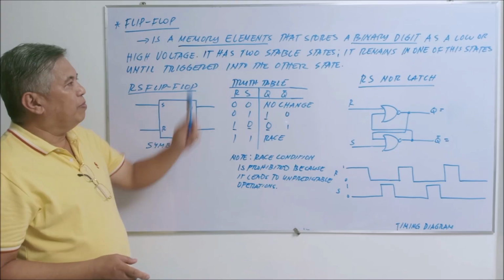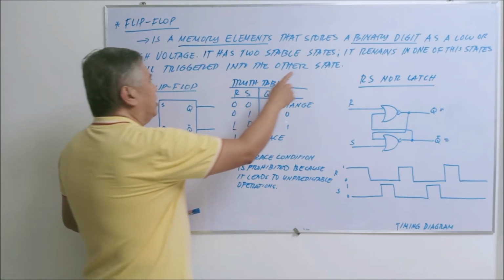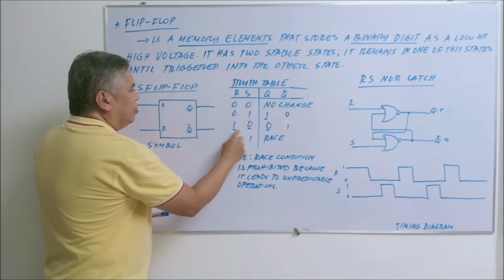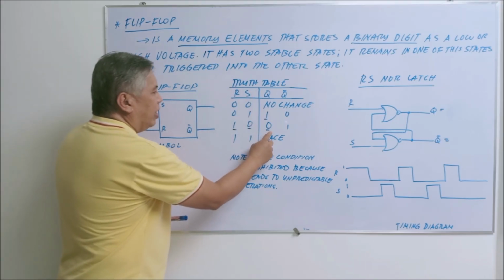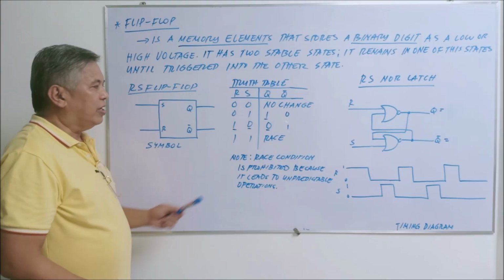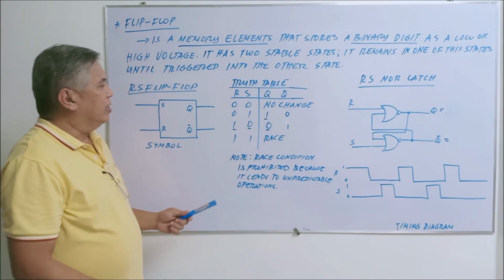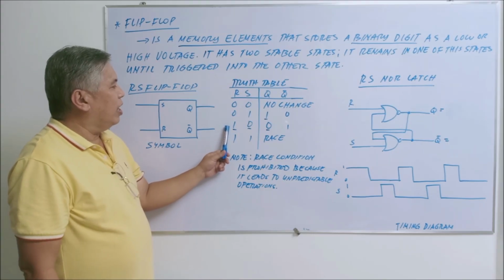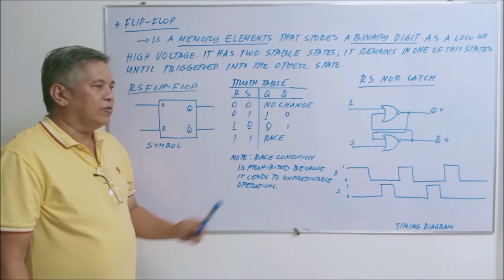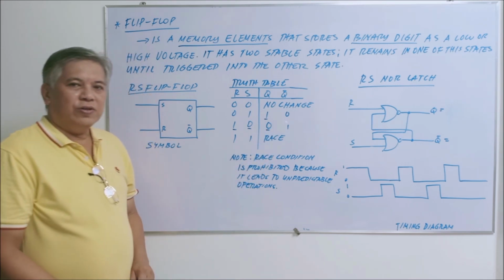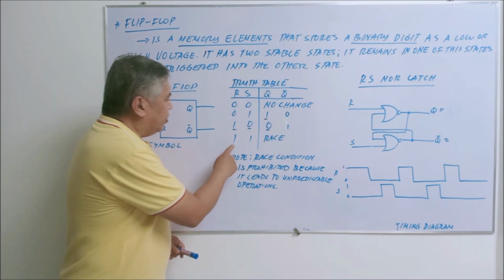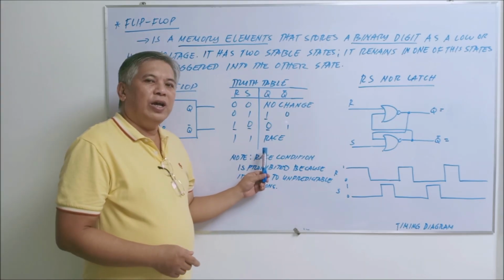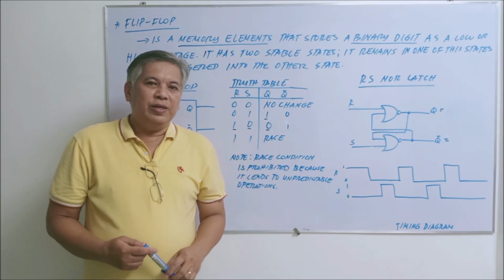So that is based on our definition. It remains in one state until triggered using the input here into the other state, which is now 0. Okay? So that is our condition R is 1 and S is 0. The output is 0. But if both inputs R and S are 1, then there is what we call a race condition. Okay?